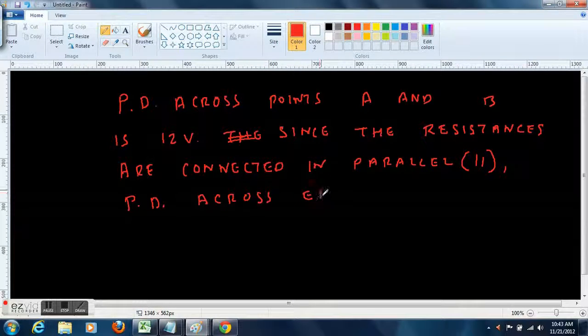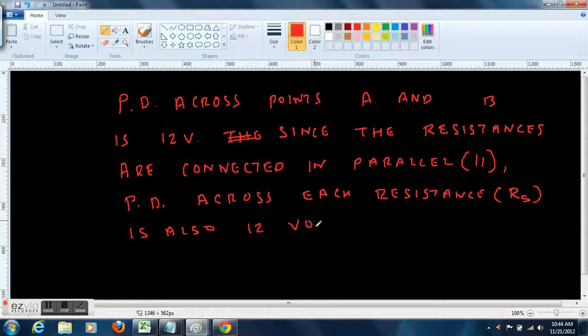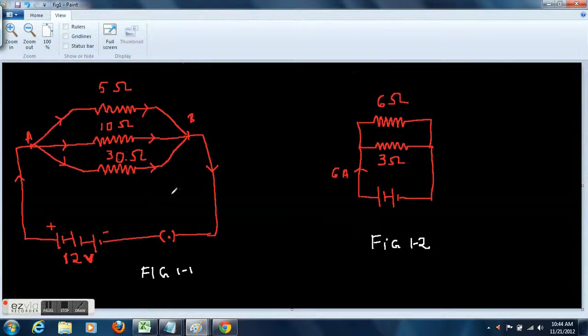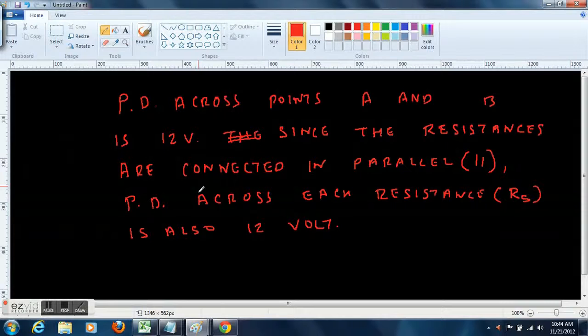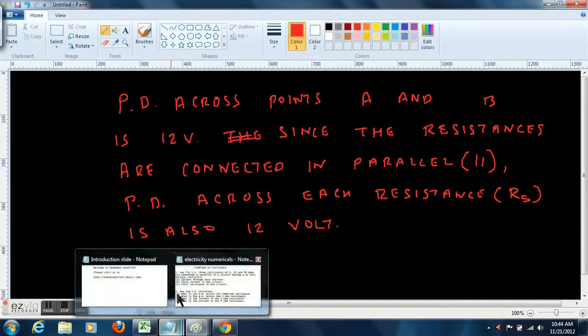And for resistance I will write in short R. So the potential difference across each resistance is also 12 volt, because they are all connected in parallel. Now I have to calculate the current flowing through each resistance.